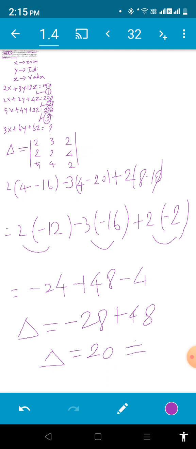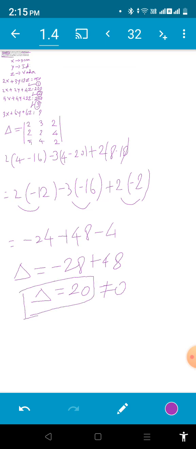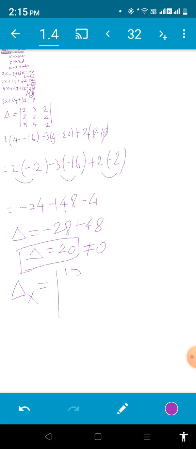This is not equal to 0, so we have to find delta x also. Delta x is equal to, I put the constant values 150, 200, 250 for the x column. The others have no change, so 3, 2, 4, 2, 4, 2 stay as they are.